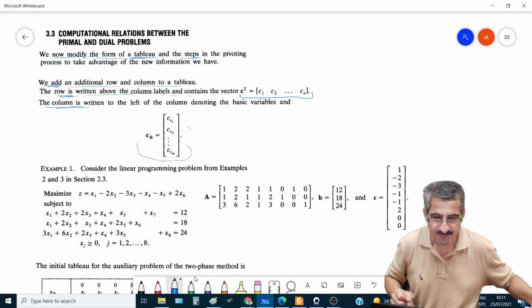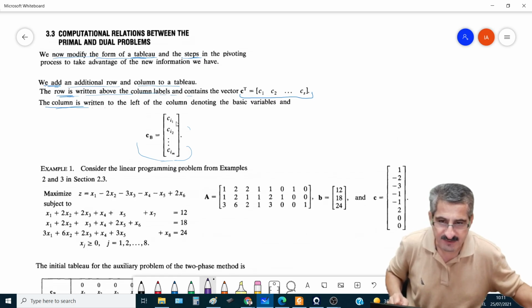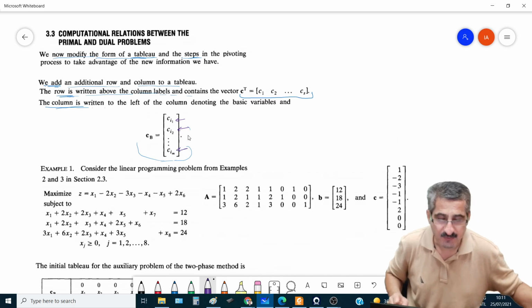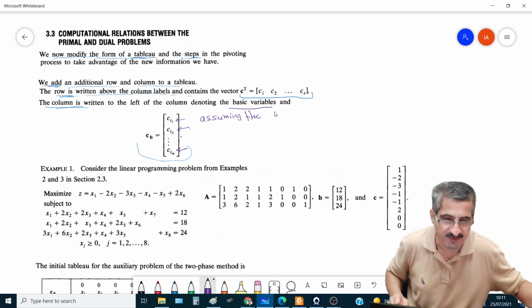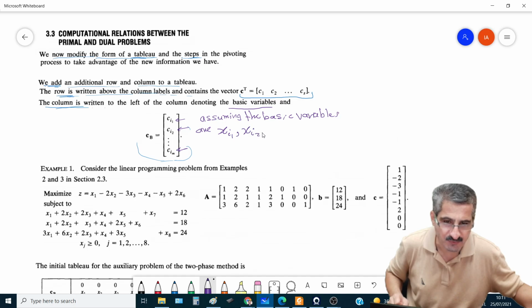But notice, what do we mean by CI1, CI2, CIN? We are assuming the basic variables are denoted by the indices xi1, as we have learned before, xi2, all the way to xim.